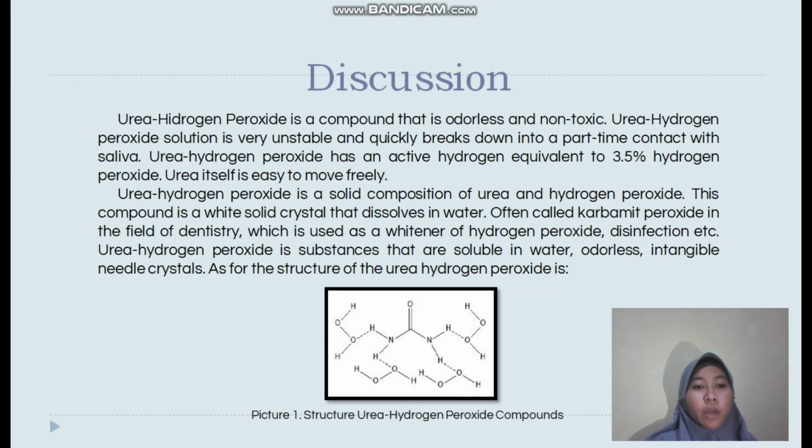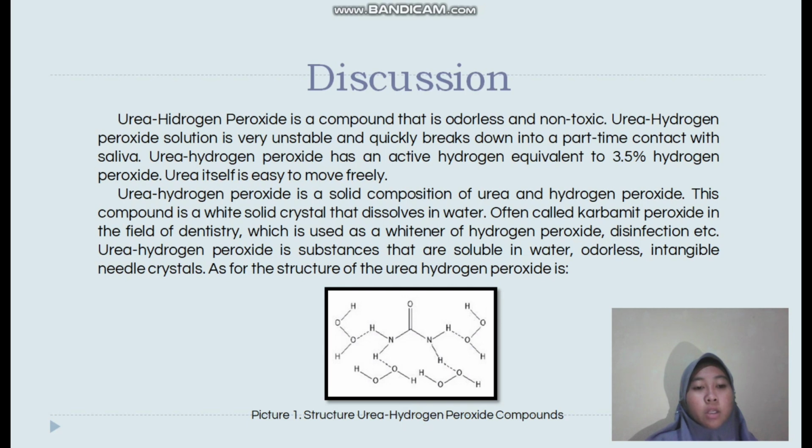Discussion: urea hydrogen peroxide is a compound that is stable and non-toxic, whereas hydrogen peroxide solution is not very stable and quickly breaks down. Urea hydrogen peroxide is a solid composition of urea and hydrogen peroxide.